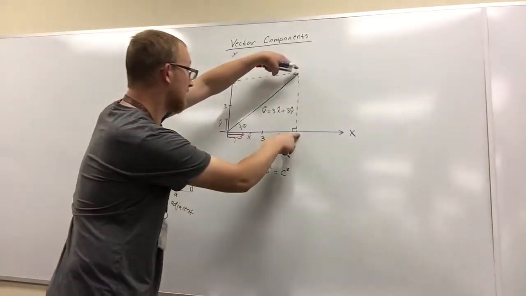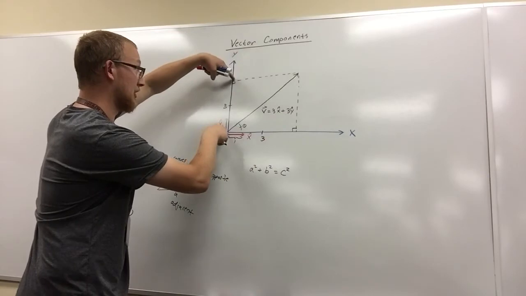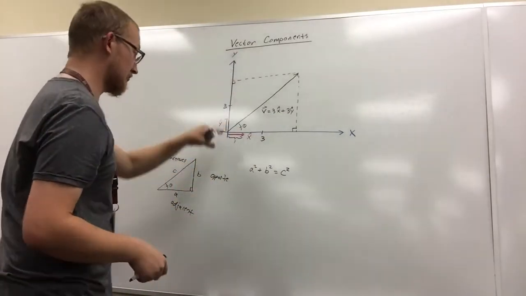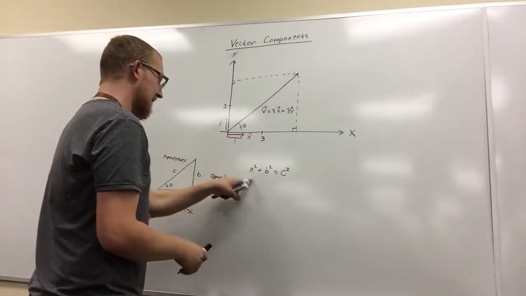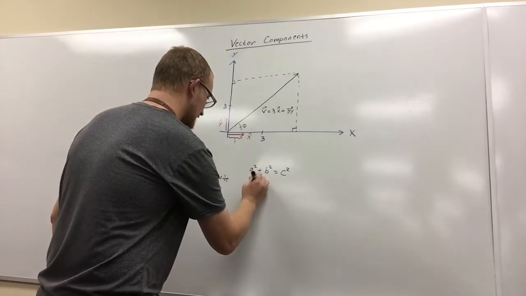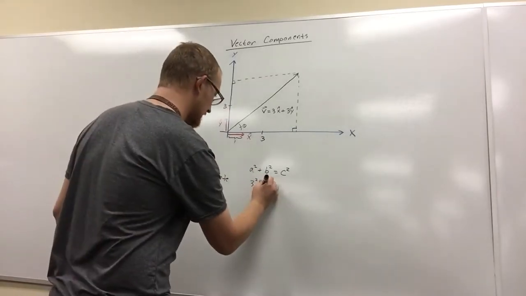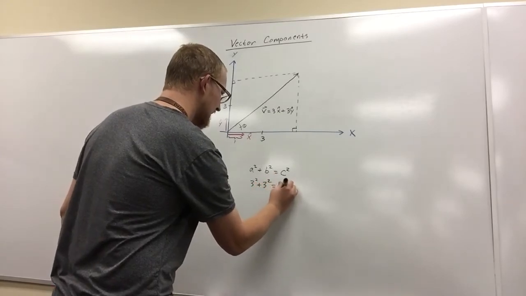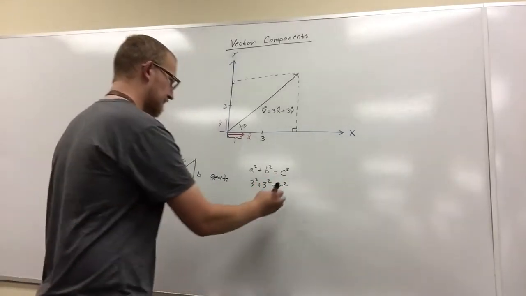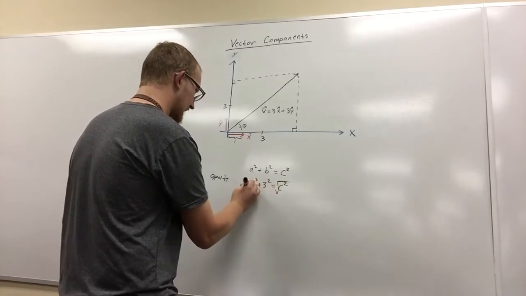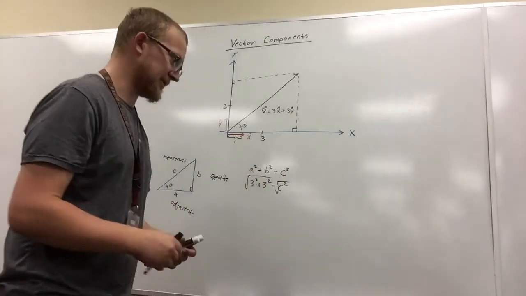And you'll notice that it transfers over here nicely, and so it's 3 and 3. So we could say that A is 3 squared, plus B is 3 squared, equals C squared. And using that, we can go ahead and take the square root of both sides.